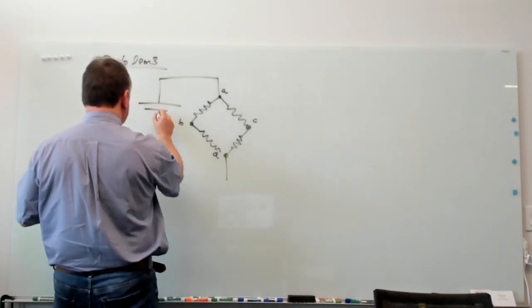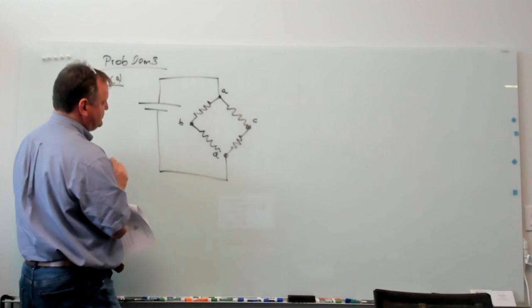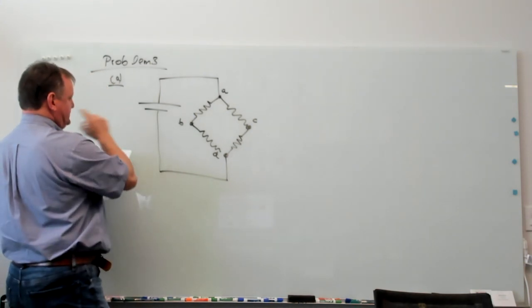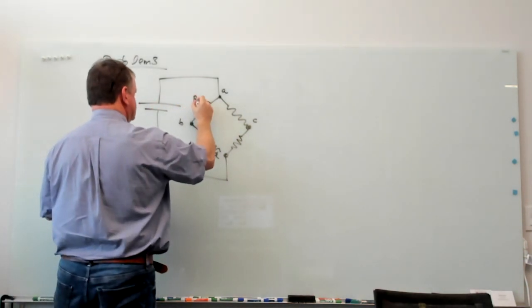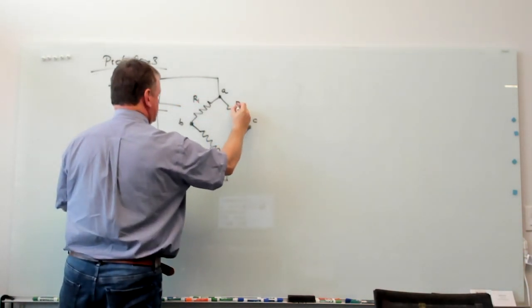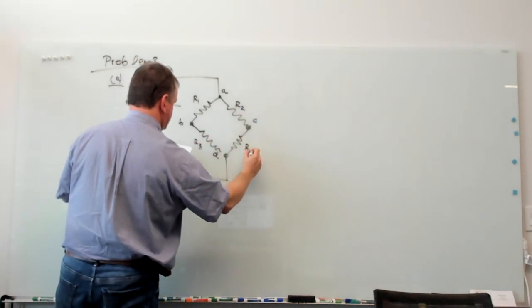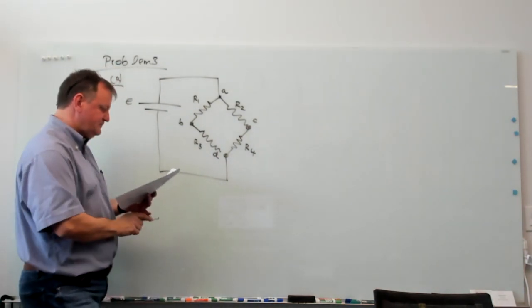And then junction D is then overall connected back to the battery here. So this is the overall resistor chain with the battery epsilon here. Let me label the resistors. This is R1, R2, R3, and R4.